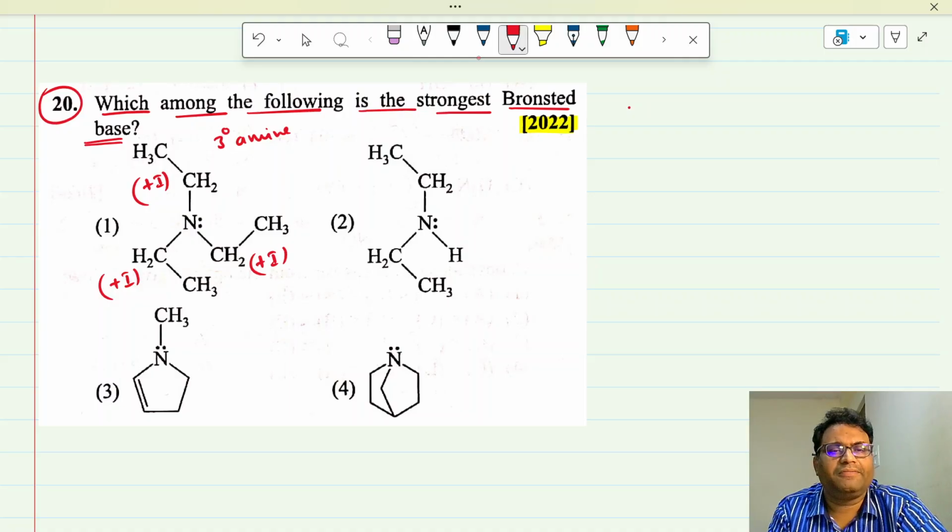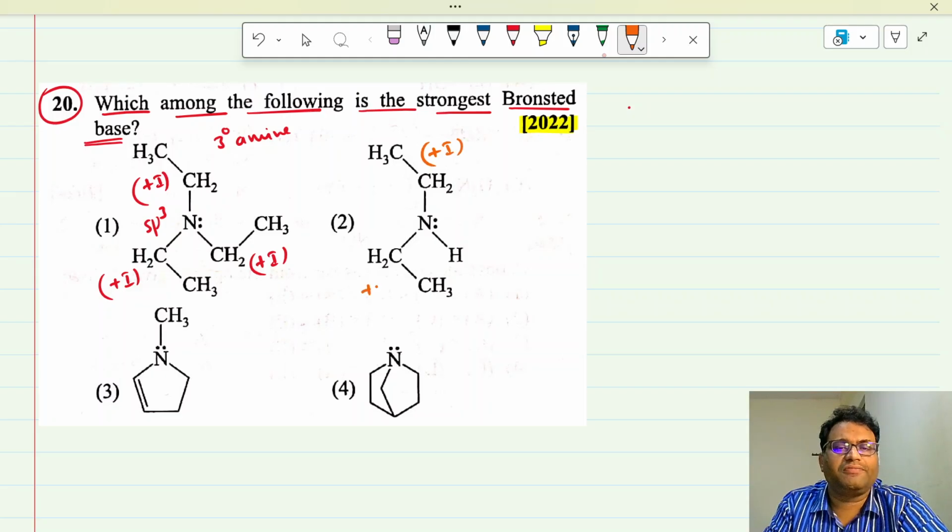And this nitrogen is undergoing sp3 type of hybridization. Coming to the second molecule, there are only 2 plus I groups. And this molecule anyway undergoes sp3 type of hybridization. But among the first molecule and second molecule, which is more basic?